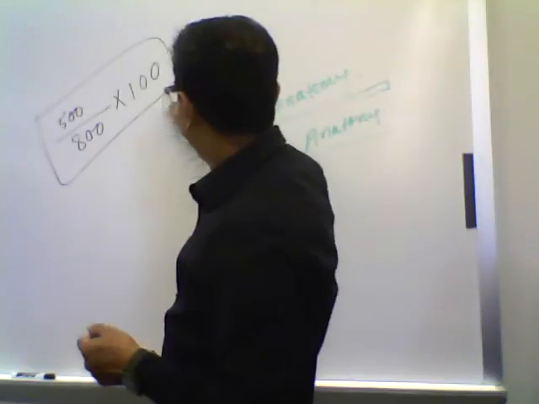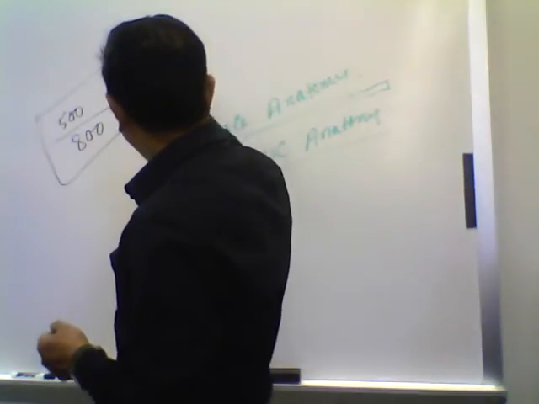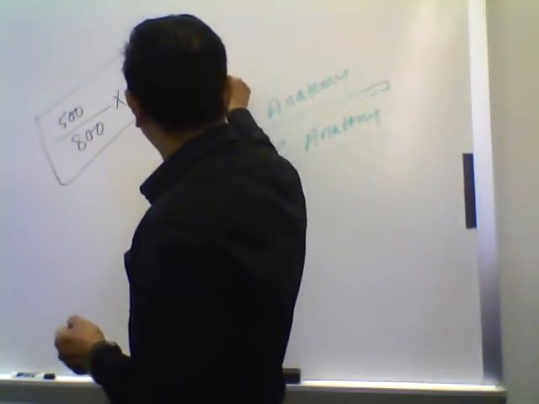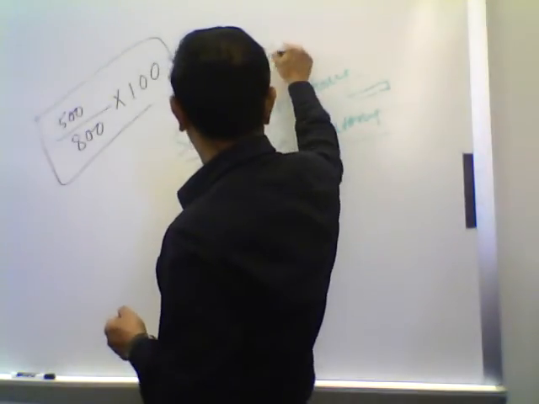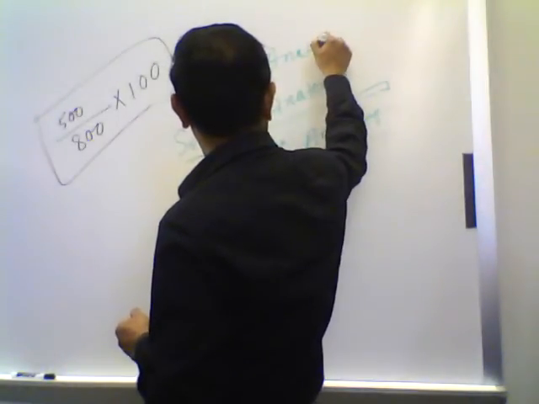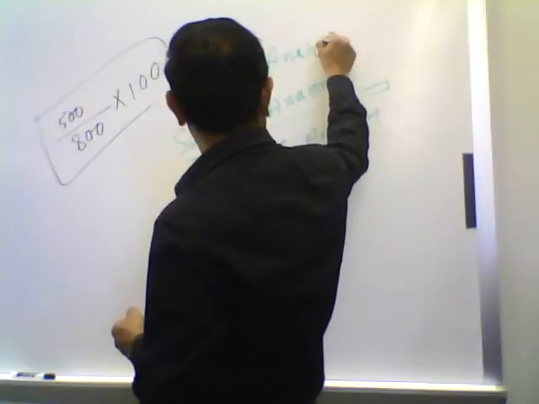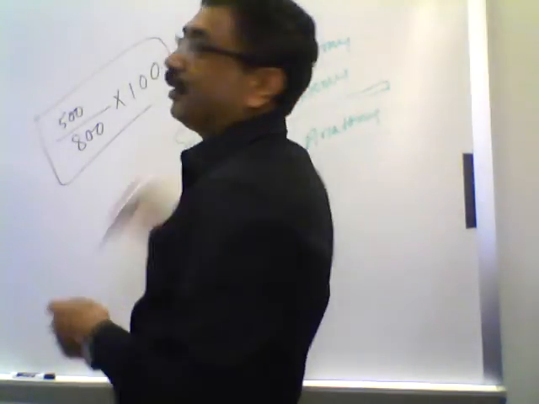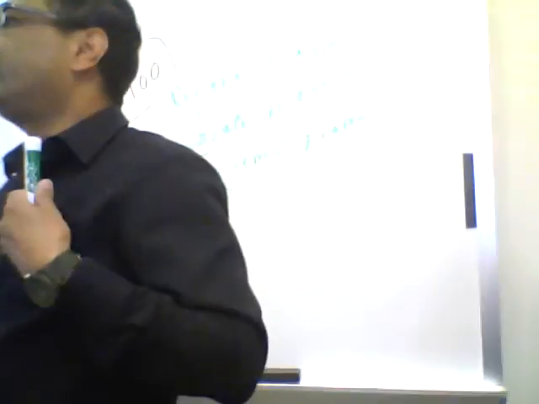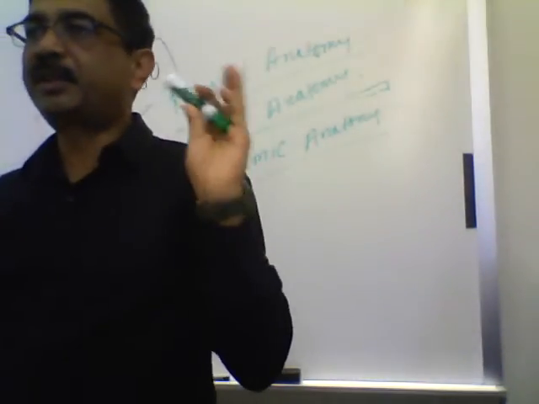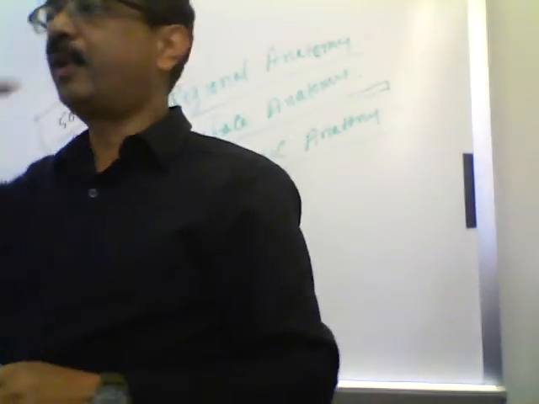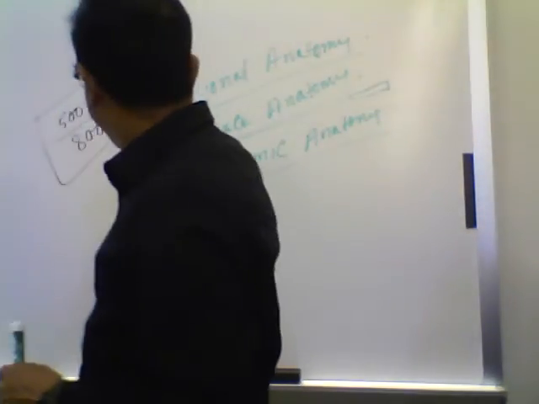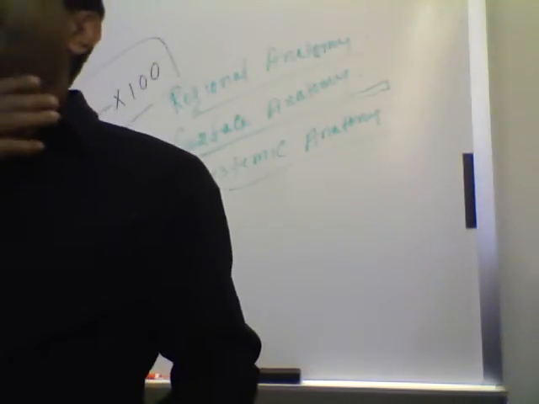And there is another branch that is called regional anatomy. If you study the structures in a particular area, for example, there is a branch called head and neck anatomy.